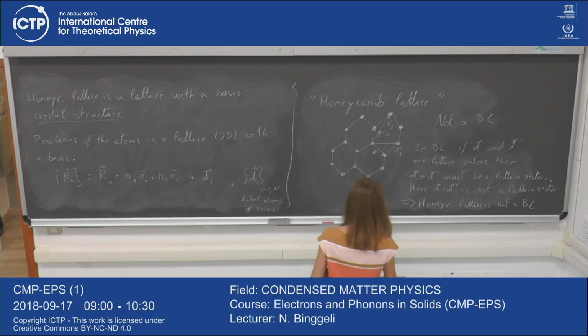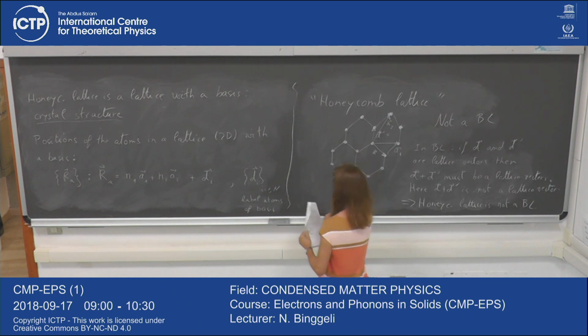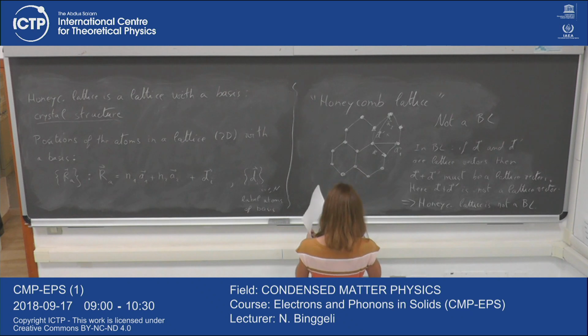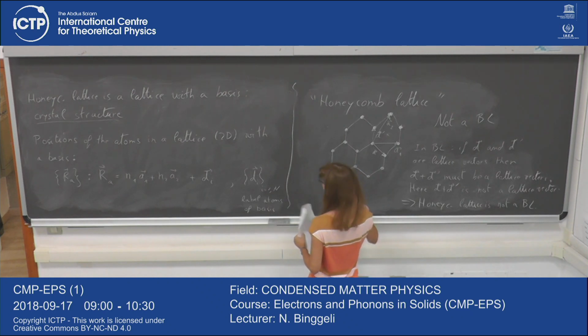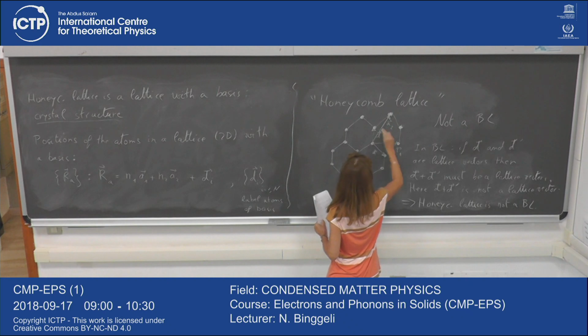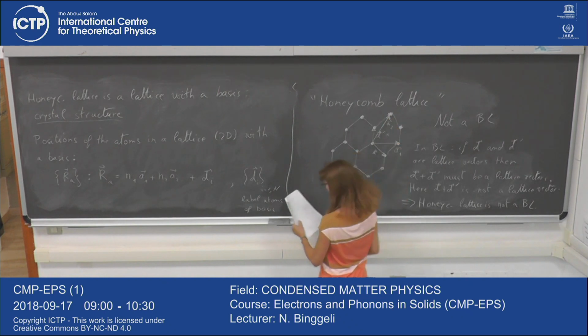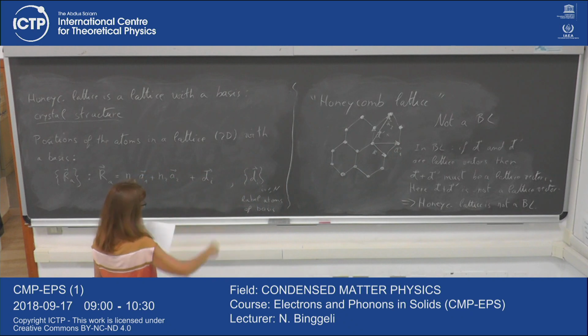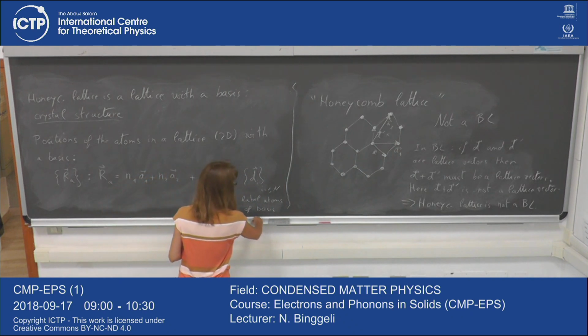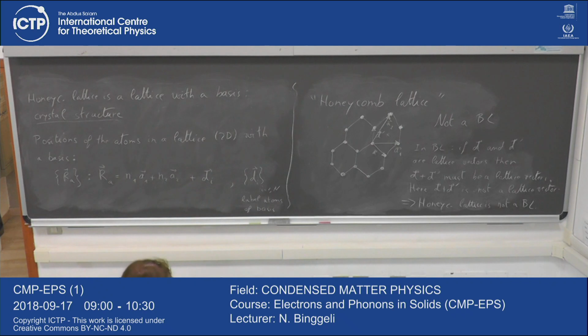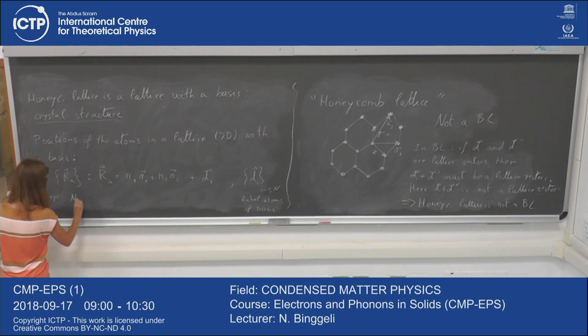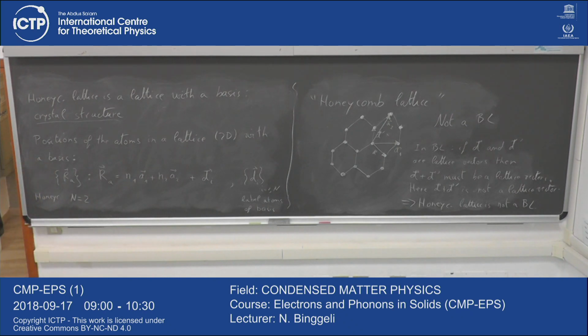And then the vectors D1 and D2 would be, okay, the honeycomb lattice can be obtained with these two vectors with small n equal to 2.